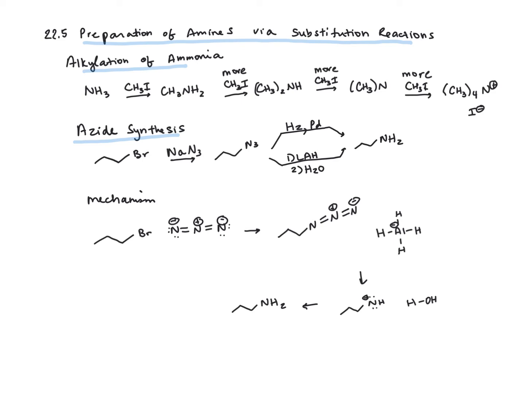Let's look at the mechanism for how this second set of reactions, lithium aluminum hydride, works. So first we're going to install the azide, replacing bromine as a good leaving group, and that gives us the azide compound.